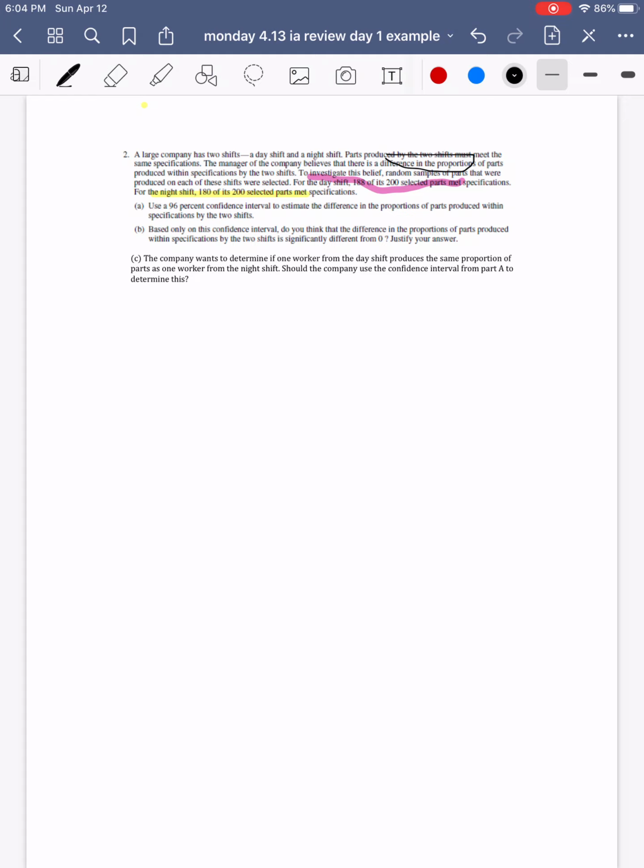So let's go ahead and just extract what we're given. So we're looking at a difference of proportions. So I know that I'm going to need 2 sample proportions here. So I'm going to have p hat of the day shift. So we're going to put p hat sub d is equal to 188 over 200, which is 0.94.